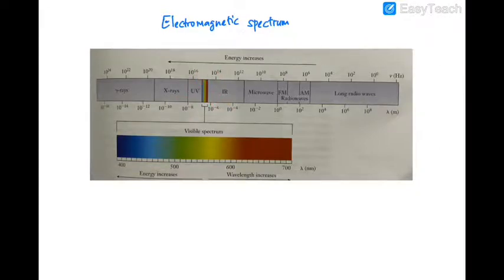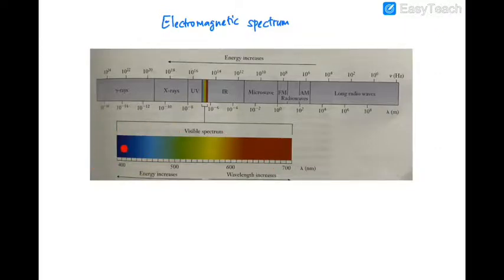There are other regions like gamma rays, X-rays, for instance for medical applications, and also microwaves, radio waves, and long radio waves. For the visible spectrum, you have different colors from red to purple.